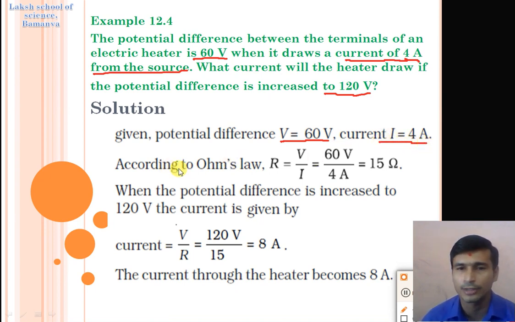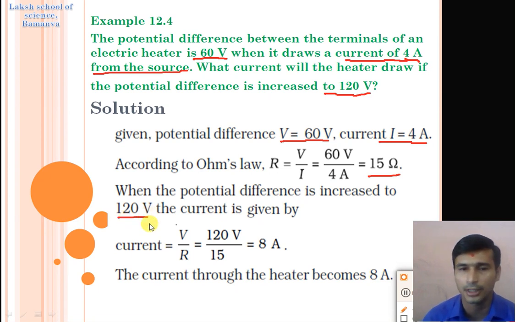According to Ohm's law, the resistance of the heater R is equal to V divided by I. So we take 60 volt divided by I, 4 ampere, and we get the resistance 15 ohm. So the resistance of the heater is 15 ohm. Now we increase the potential difference from 60 volt to 120 volt.